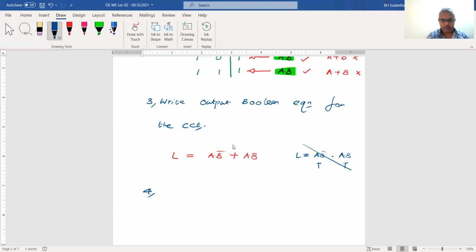Now you know what to do next: draw the circuit using basic logic gates. We have practiced this one. When you have an equation, you know how to draw the circuit.